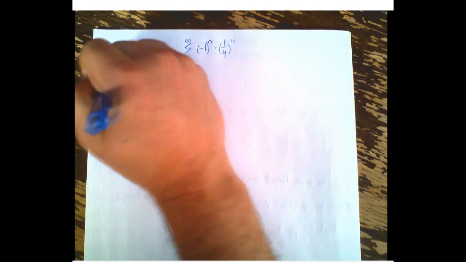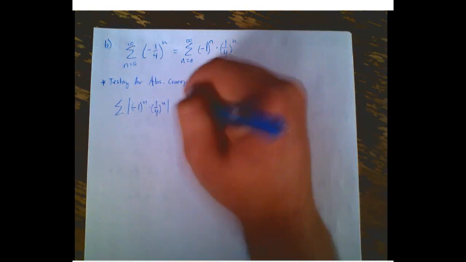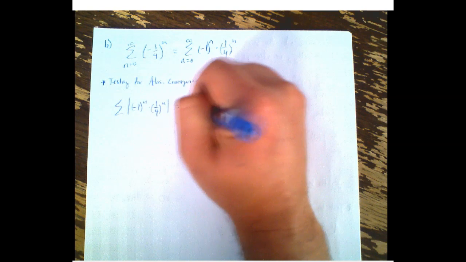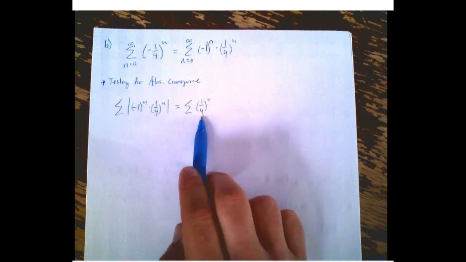So we can just decompose this into its alternating term here and the positive terms of the series. So testing for absolute convergence, we want to consider the absolute value of this guy. So taking a look at this series, does this converge or diverge?